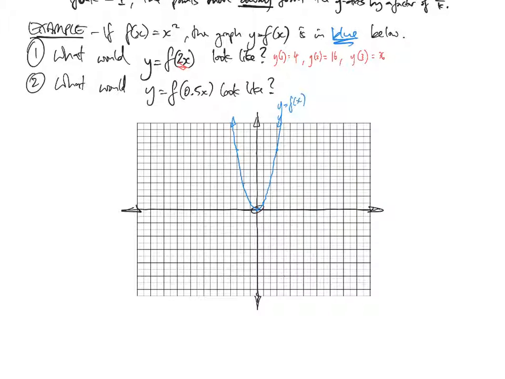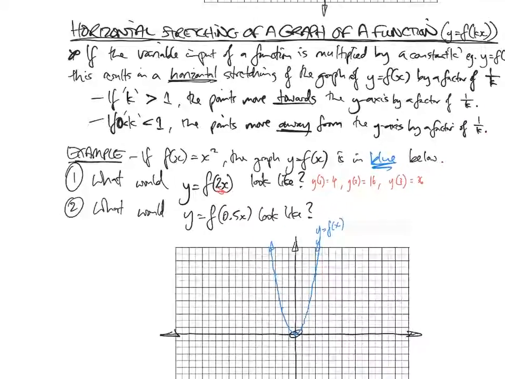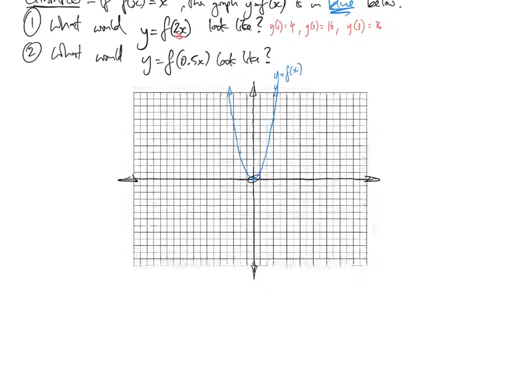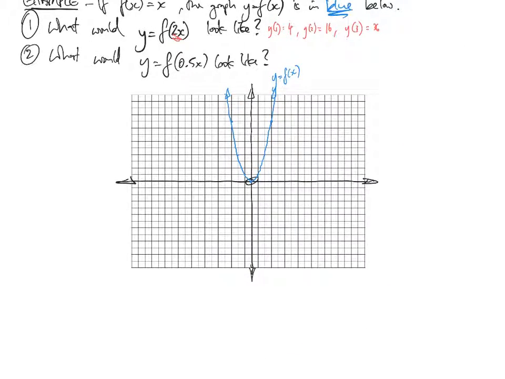So here you're going to see that when the constant is greater than 1 and it's multiplying the variable, you're getting a horizontal stretch towards the y-axis when I draw that in here, because at x is equal to 1, it starts at 0 still, but at x is equal to 1, y is going to be 4.